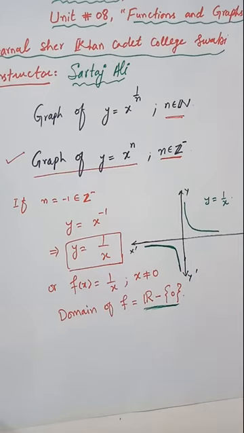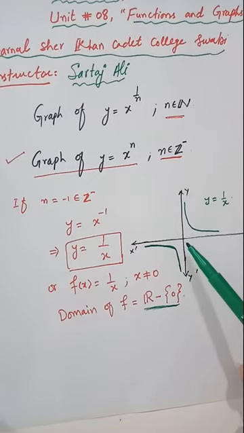I already told you that the graph is actually composed of infinitely many points, so you do not need to draw all the ordered pairs in the plane, because it is not possible. We just make a few ordered pairs, plot them in the plane, and pass the curve through those points, remembering the shape of the graph of the function. That will be the shape for y equals 1 by x.